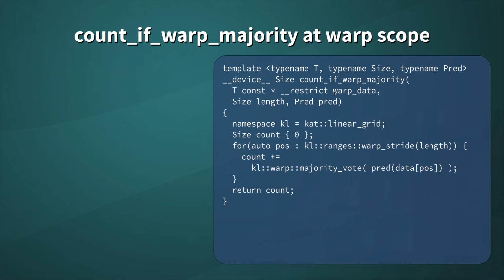It could be that the entire grid does this, but the point is that each thread collaborates with the rest of the threads in its warp. So it's going to do something together with the other threads in the warp that does not depend on anything that threads in other warps do.